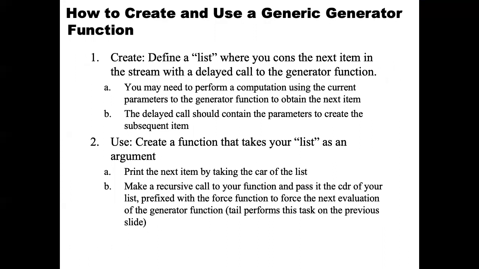Then I'll show you more specifically what I have in mind. So the first part, you need to create a so-called list where what you have is a cons pair, and the first item is actually already available. It's the next item in the stream, and the cdr is a delayed call to your generator function. It is the part that is like a promise to be generated in the future.